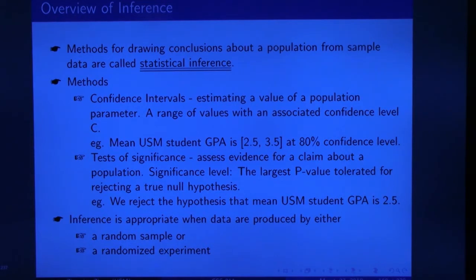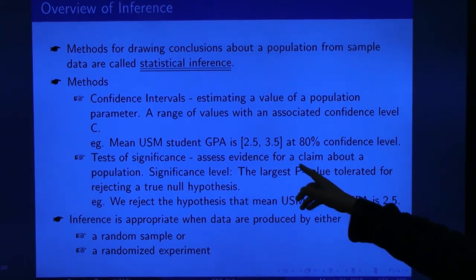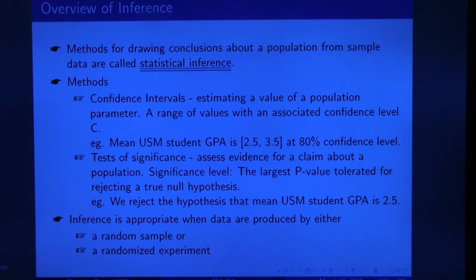And if we state the result of our estimation as, for example, the GPA is between 2.5 and 3.5 at 80% confidence level, that gives us an interval.